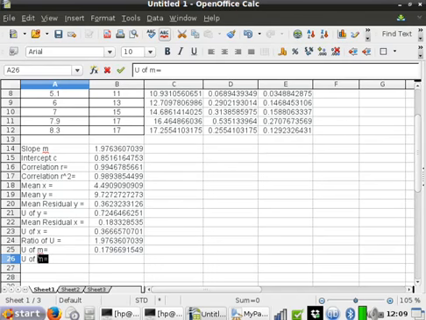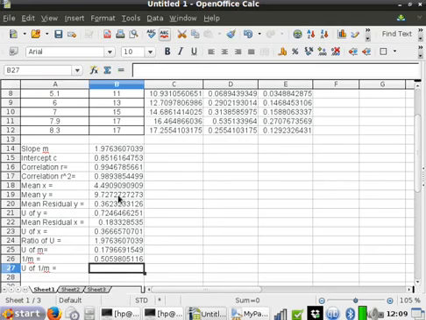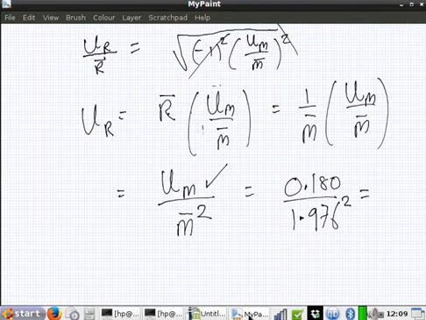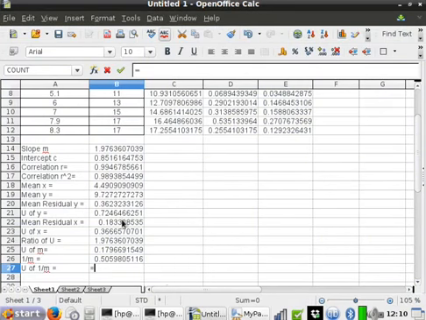So, just to finish, I'll write in here the uncertainty of 1 over m. The 1 over m equals, that is 1 over m here, and then the uncertainty of 1 over m equals, what was my formula? It was the uncertainty in m divided by m squared.